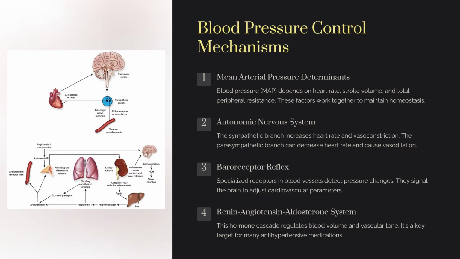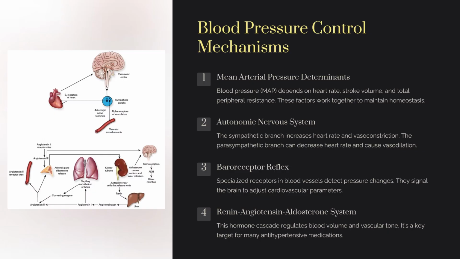Our autonomic nervous system, consisting of our parasympathetic and sympathetic branches, controls vasoconstriction and heart rate. The baroreceptors, those are like our stretch reflexes. They detect pressure changes and signal our brain to make changes.